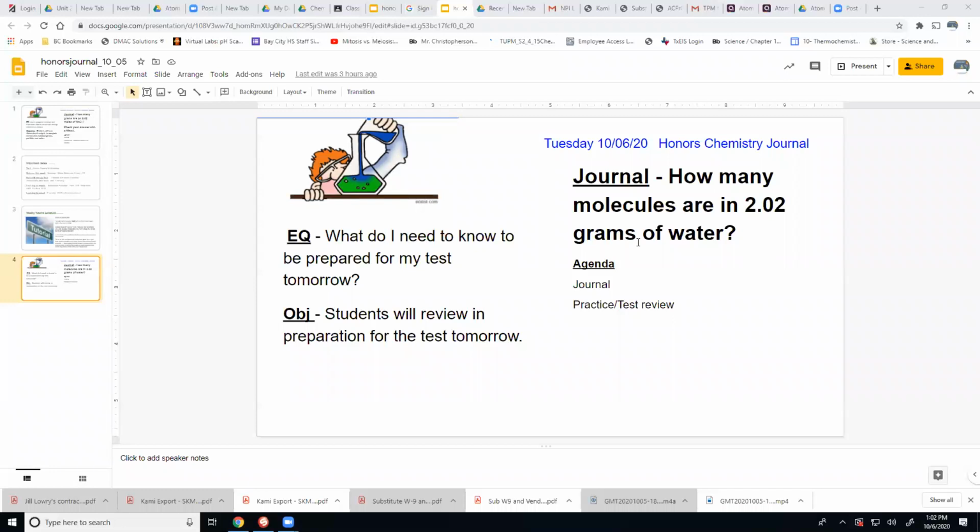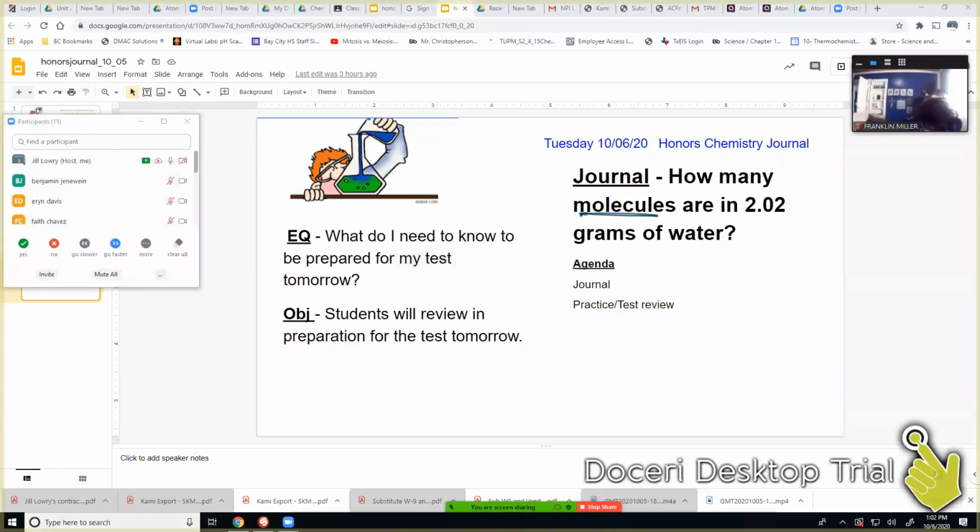So it's going to be our longer one that we did. All right, like I said, we have 2 hints, molecules and then grams.